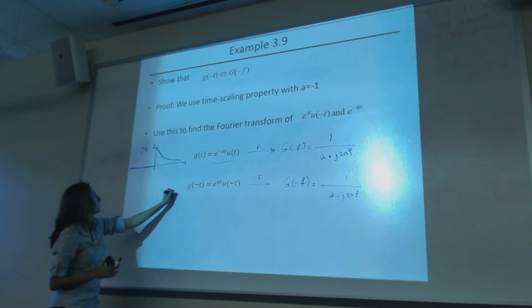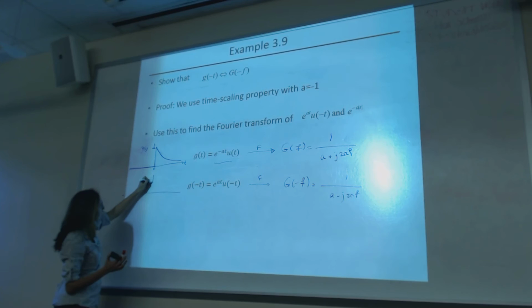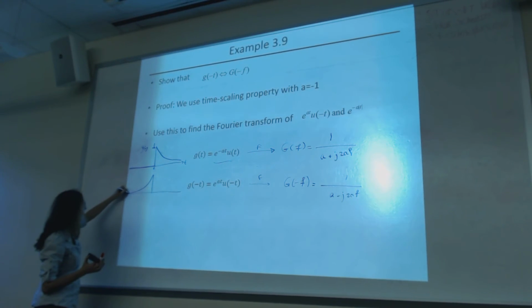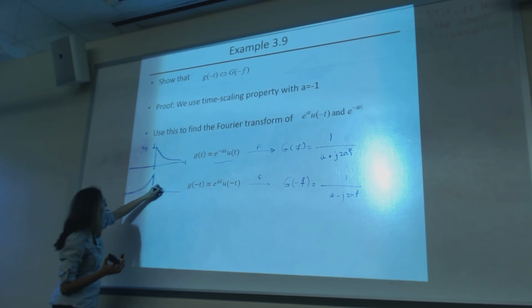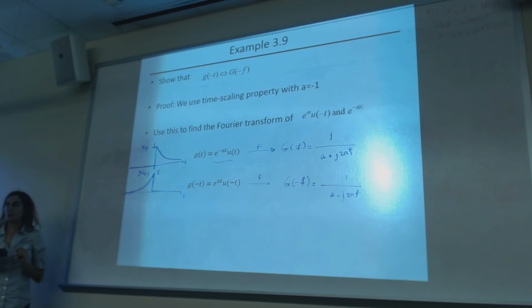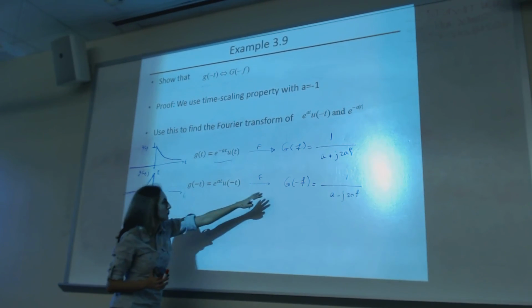So for g of minus t, I have to just mirror this, right? This is how g of minus t looks. Okay? Good. So for that one, this is the Fourier transform, and for this one, this is the Fourier transform.